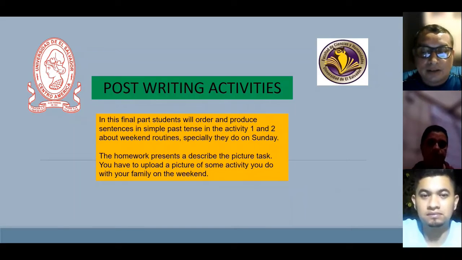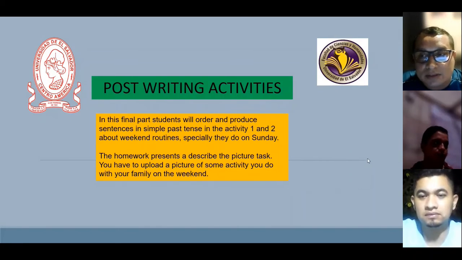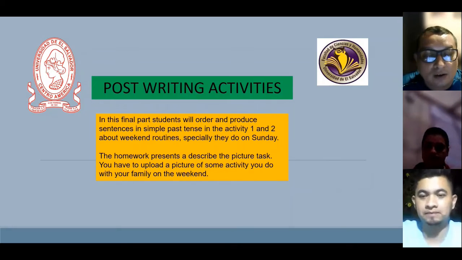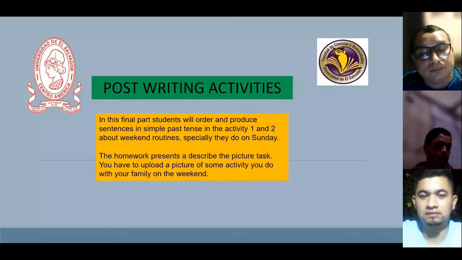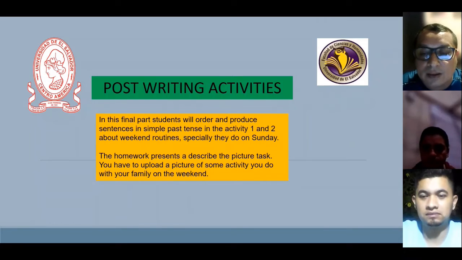In this part, we have to do two activities. The final part is a homework. In the next slide, we are going to see the first activity.